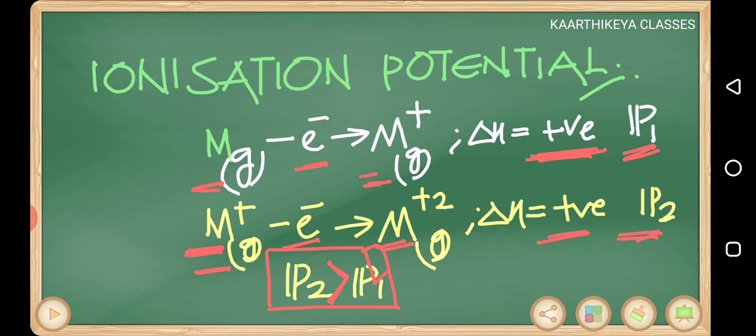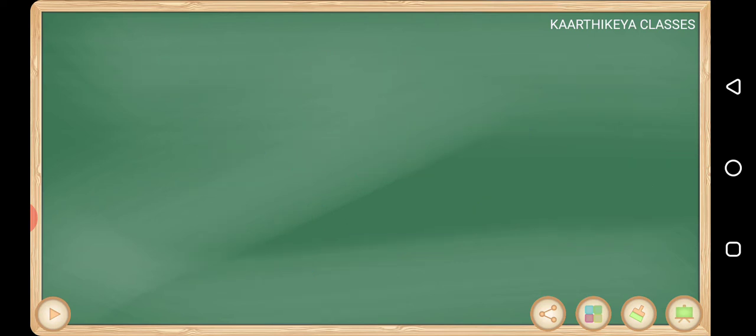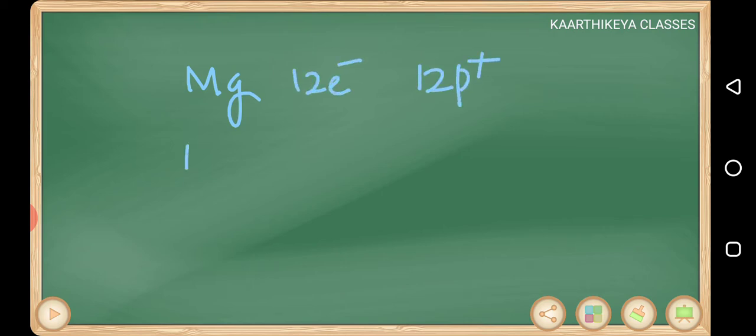After removing one electron, the number of electrons will change. For example, take magnesium. It contains 12 electrons and 12 protons. Mg plus means you have removed one electron, but the number of protons is the same.